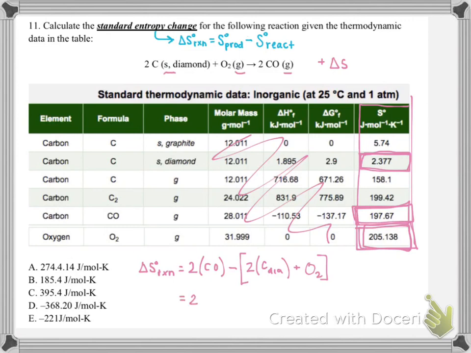We'll have 2 times 197.67 joules per mole Kelvin minus 2 times our diamond value plus our oxygen value.